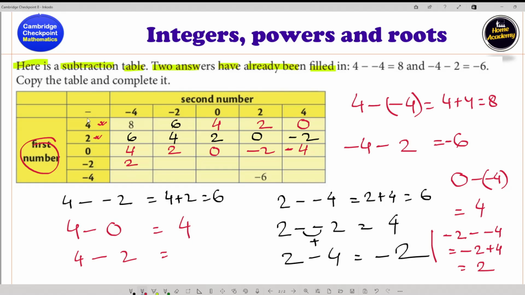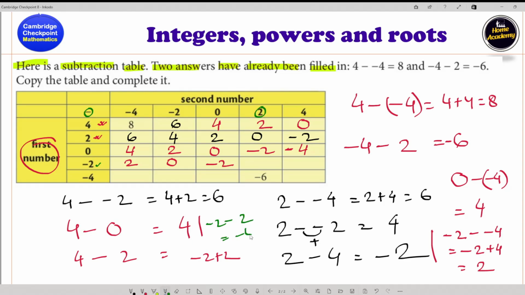Similarly, minus 2 minus minus 2, so minus and minus is plus, so minus 2 plus 2, it will be what? 0. Then minus 2 minus 0, so here is minus 2. Okay, minus 2 minus, here is plus 2, it means minus 2. So look, we can write this one. This one is minus 2, here is minus, and here is 2.